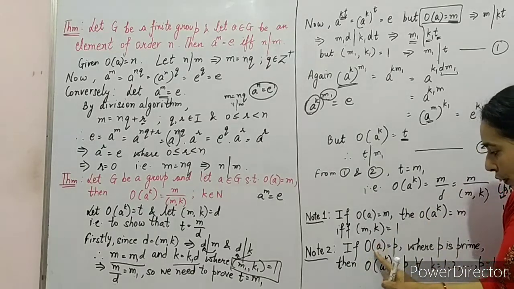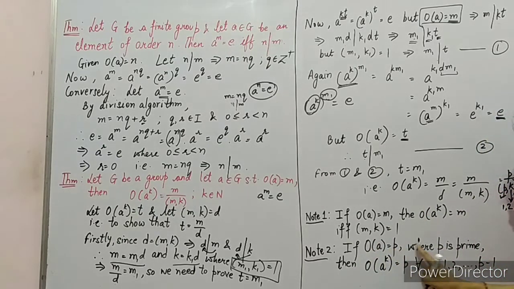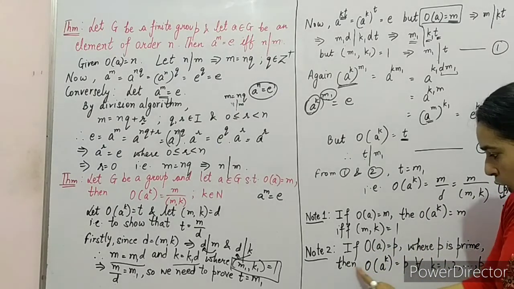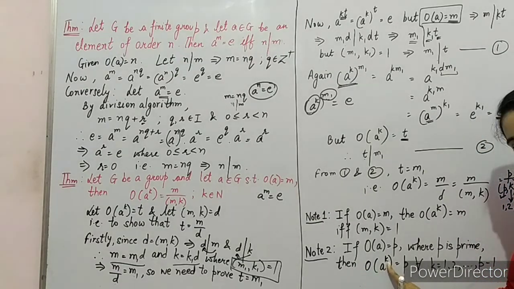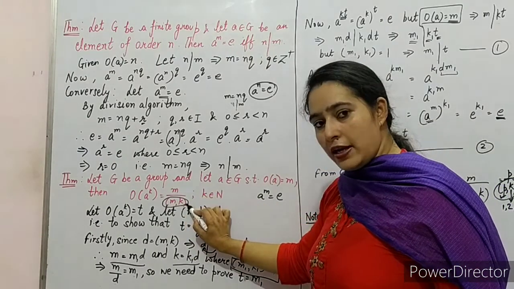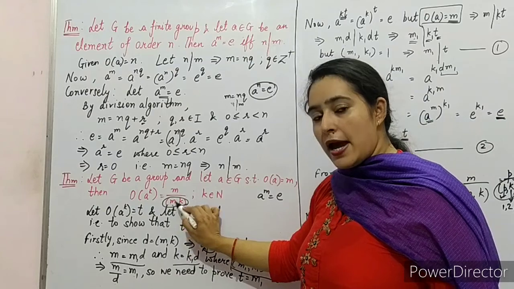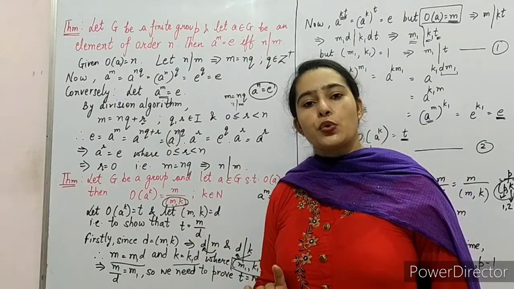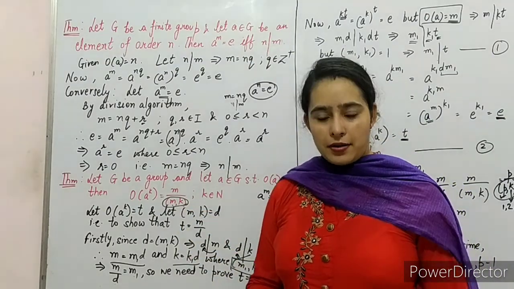So if the order of a is equal to p, where p is prime, then the order of a raised to the power k is equal to p for all k equal to 1 up to p minus 1. Why? Because this number will become 1. This number will become 1 when p is some prime and k is one of 1, 2, 3, and so on up to p minus 1.